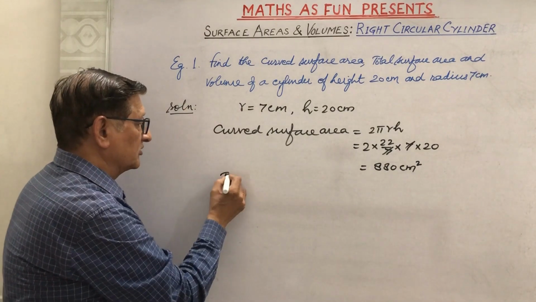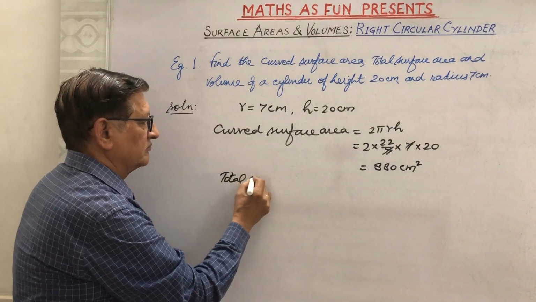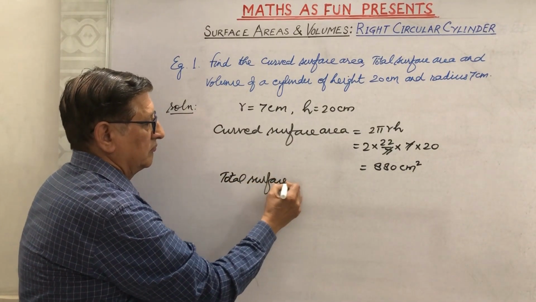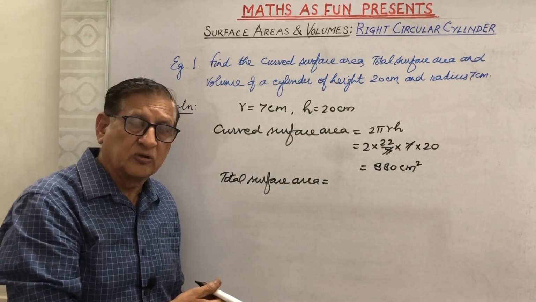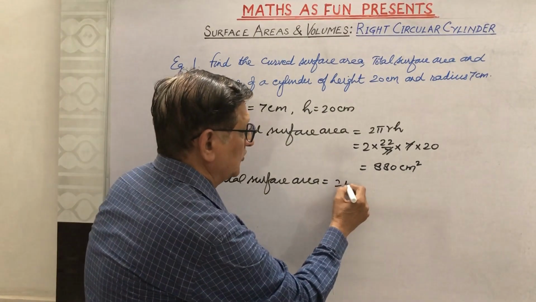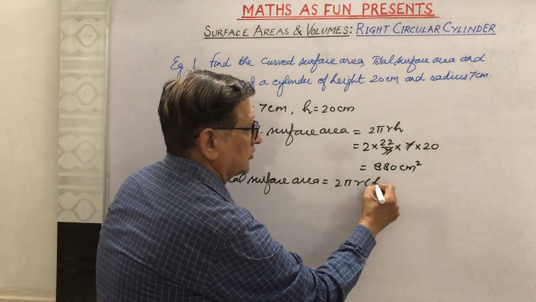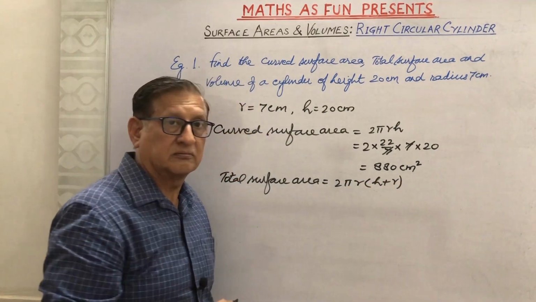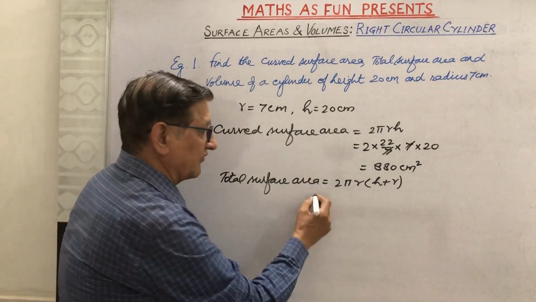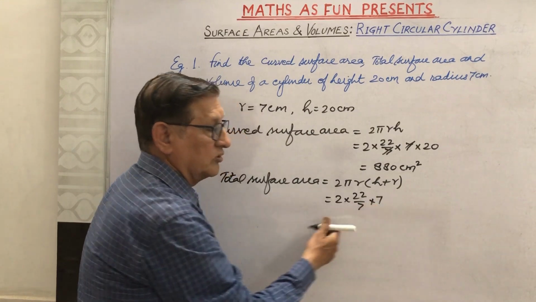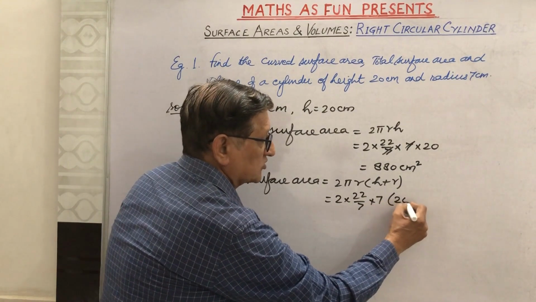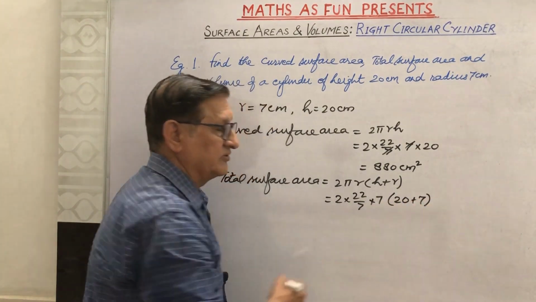When we want to find out the total surface area, directly we know the formula, that is 2 pi r into h plus r. Substituting the values, we get 2 into 22 by 7 into r is 7 into h 20 plus r 7.